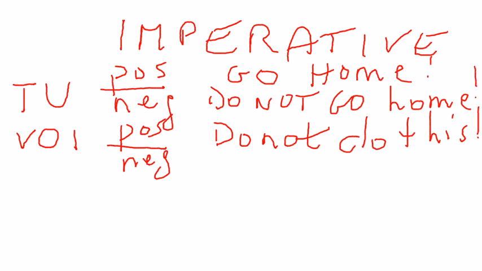Now I'm using the verb to do, and I issue a voi command, which means I'm issuing a command to more than one person. Well, actually I issued a negative command over here. It should be John and Martha, do this. You know what? Let's erase it. So this is the positive command.